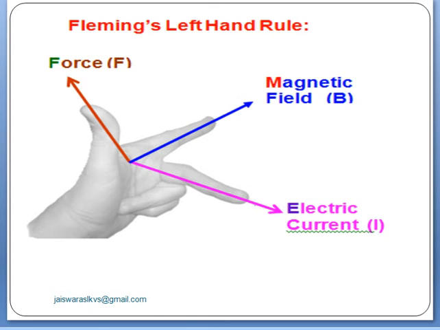So this is how we can use the Fleming's left hand rule to find out the direction of force and direction of magnetic field. Any among three you can calculate, you can find out only the direction.